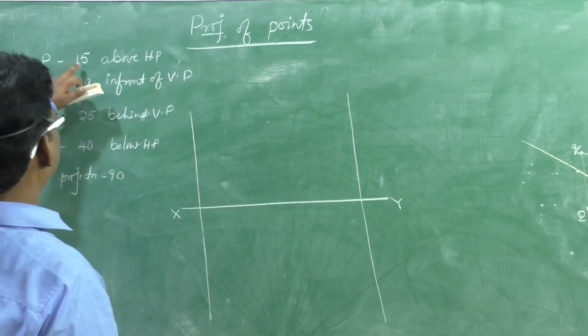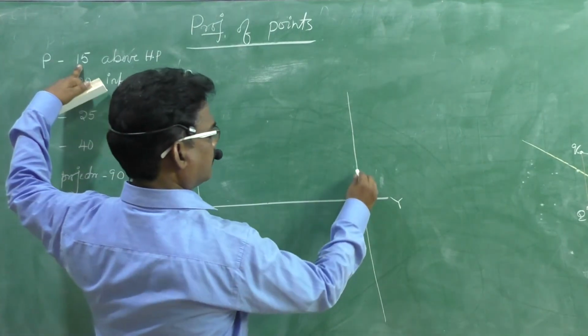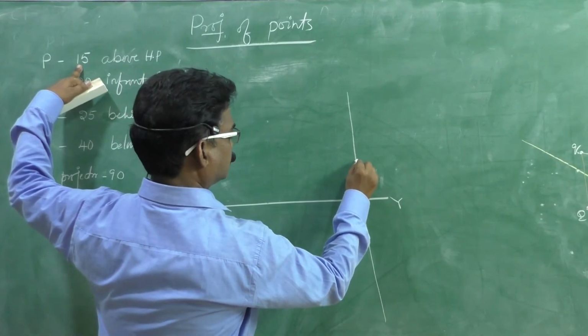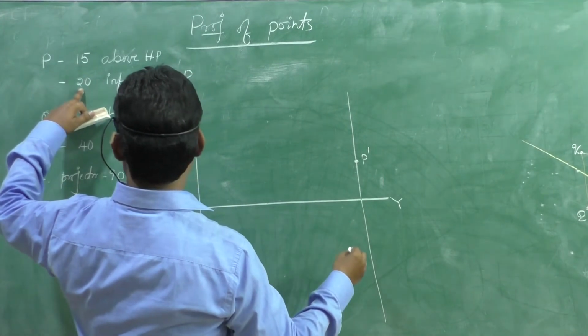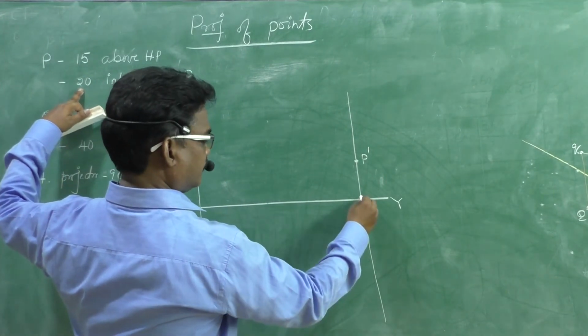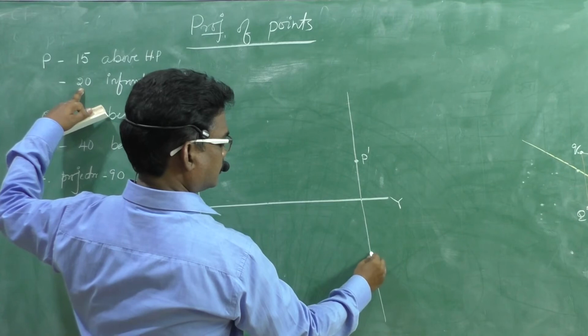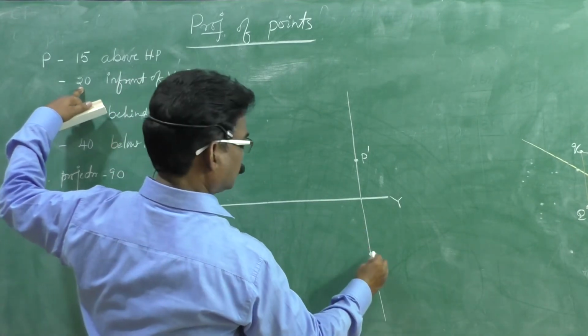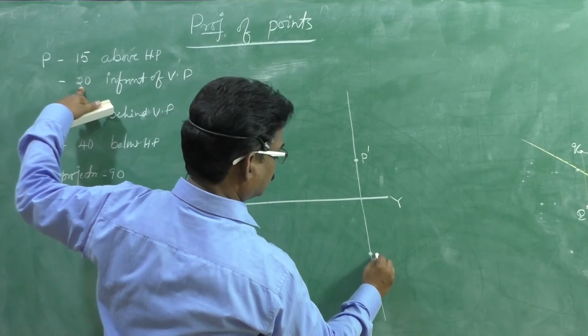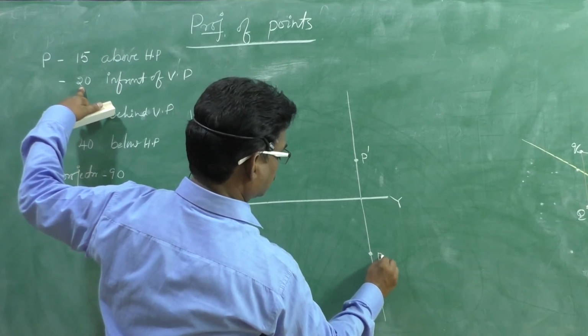Now, P is 15 mm above HP, this is the front view, and 20 mm in front of VP. Then after the rotation of HP, it is below the reference line. This is P, top view.